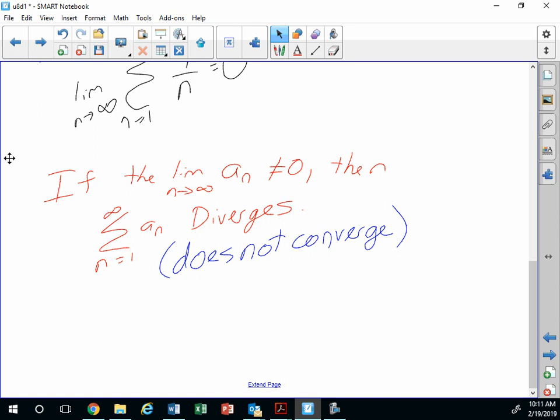If you guarantee the series converges, the limit is guaranteed to be 0. You can't say if the limit is 0, then my series converges. You can't say the converse, and that's a really good point. You cannot say if my limit is 0, then I guarantee my summation converges.